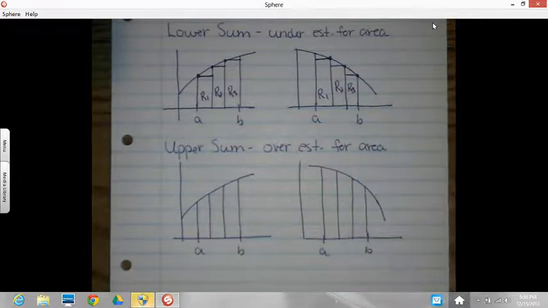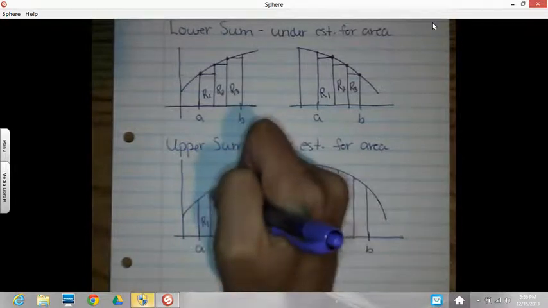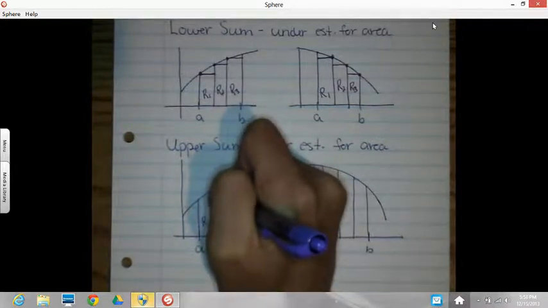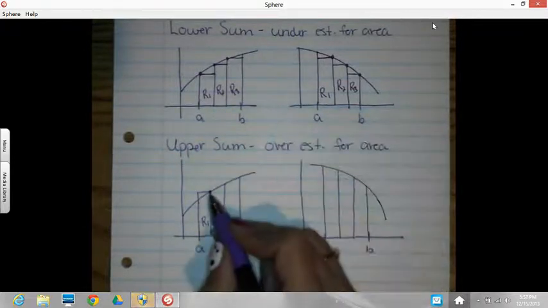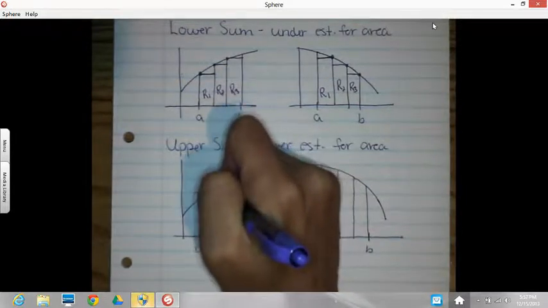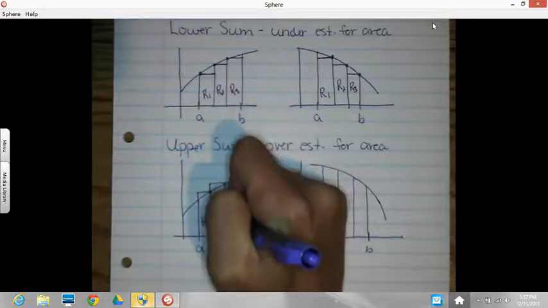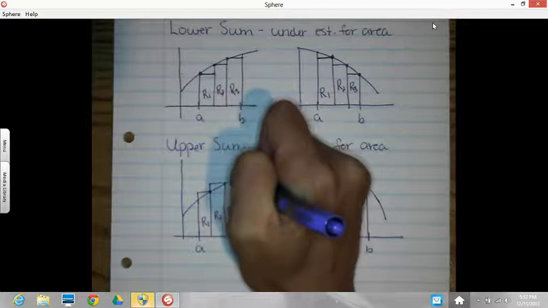So now if I want an upper sum, when I look at this first region and I want to turn it into a rectangle, I'm going to choose the right edge, because that's what's going to make my rectangle go above the curve. So I'll be including this area above the curve, making it an overestimate. Same thing here, the right edge, and the right edge again.